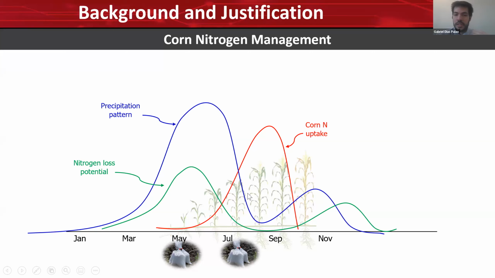So there's also interest in evaluating the utility of split nitrogen applications where you apply part of the nitrogen rate near planting and then another portion later in the season, under the assumption that we will minimize these environmental losses and increase the efficiency of nitrogen fertilizer application.